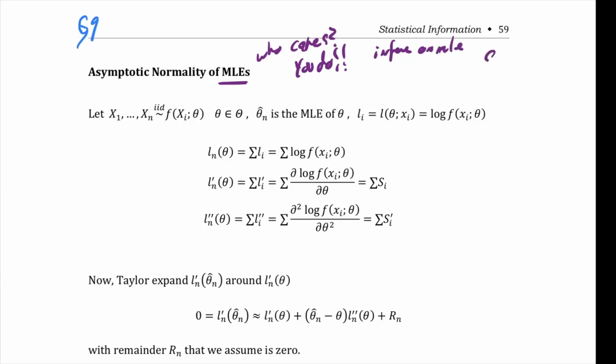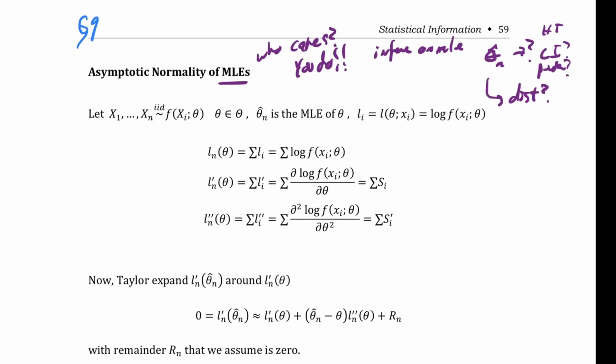So now you know how to get the maximum likelihood estimator, which we've been calling theta hat n. But then what? Can you do a hypothesis test? Can you do a confidence interval? Can you get a p-value? In order to do that, you need to know the sampling distribution of the MLE.